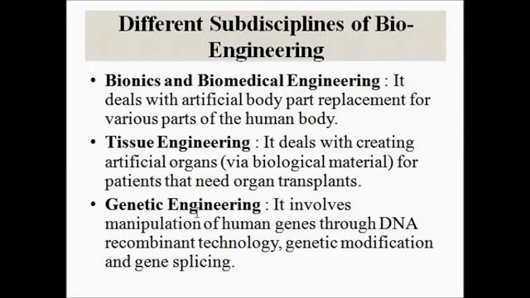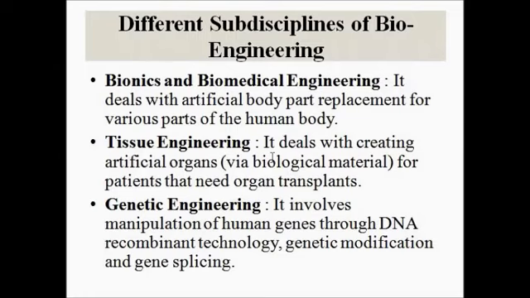First one is the bionics and biomedical engineering. So this field basically deals with the design of artificial body parts such as artificial limbs, artificial legs and hand, arms, and various other body parts.